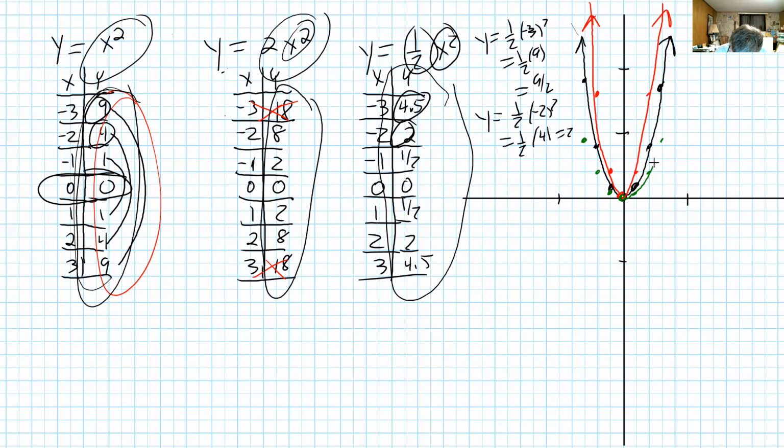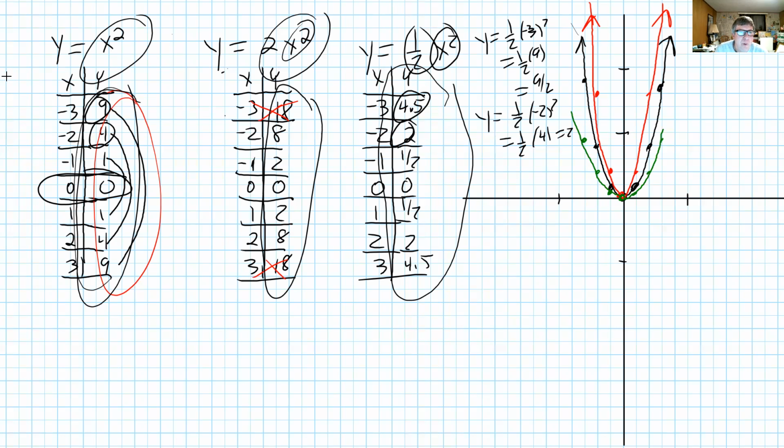I don't know if you can tell very well, but this is opening wider. It's climbing not as steep. So the black graph was y equals x squared, okay? The red graph, 2x squared, was climbing steeper. The green graph, 1/2 x squared, was climbing not quite as steep, okay?